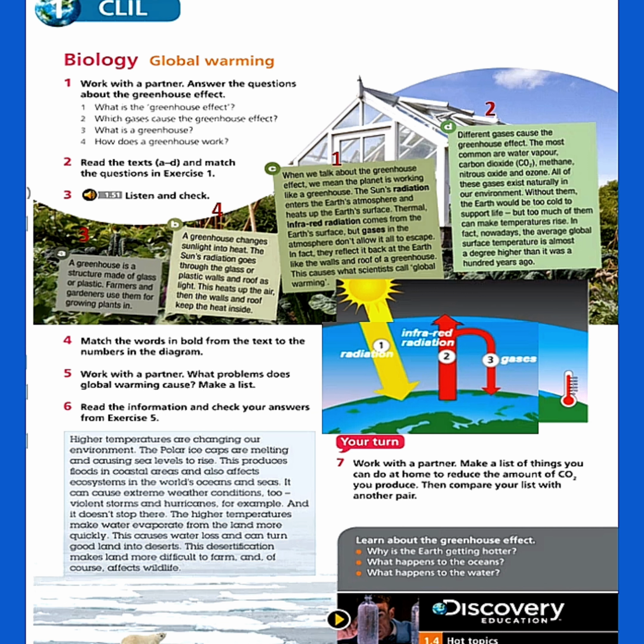Therefore, higher sea levels produce floods in coastal areas. It can also cause extreme weather conditions, unstable temperatures, unstable weather. Water vapor evaporates from the land quickly and land can turn into desert.